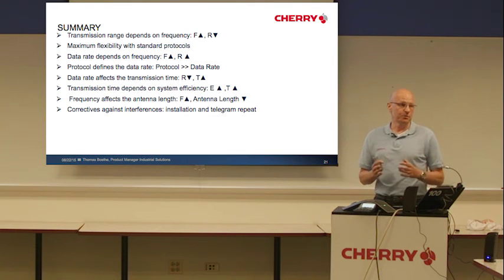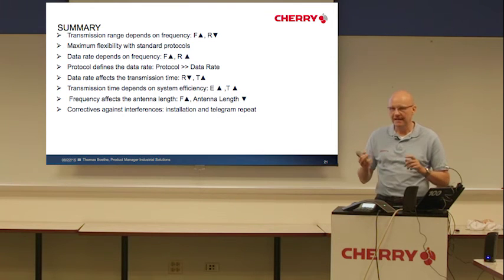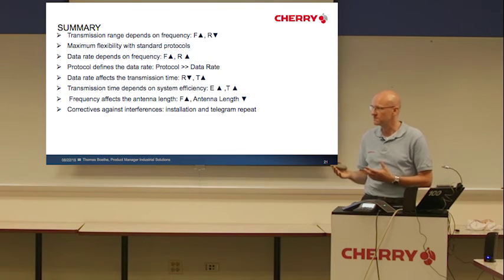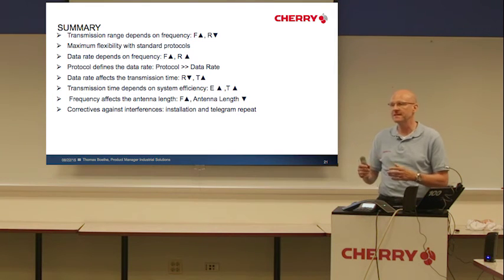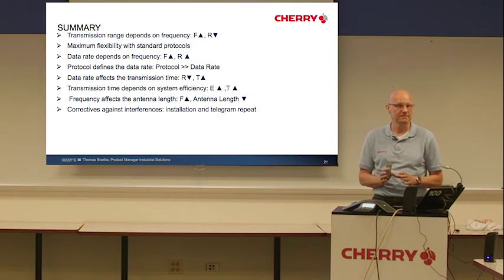With standard protocols like Zigbee, EnOcean, KNX, you have the maximum flexibility because there are receivers on the market that understand the protocols. When we create a ZF proprietary protocol, we always have to offer the customer sender and receiver together.